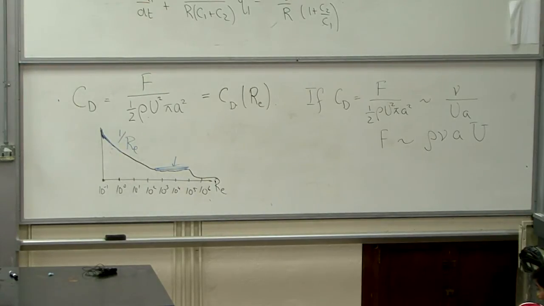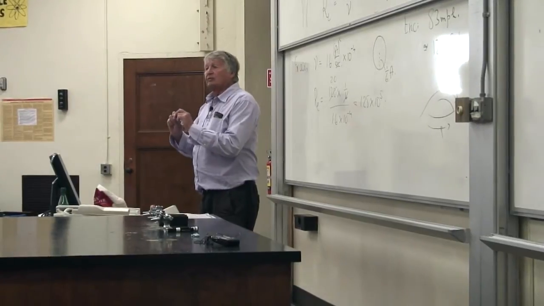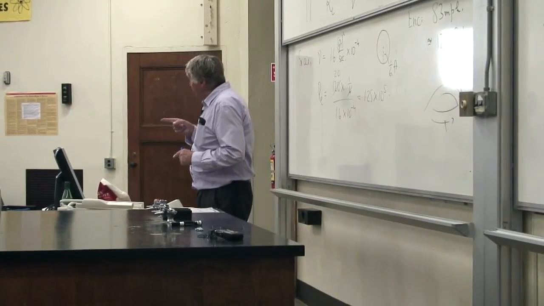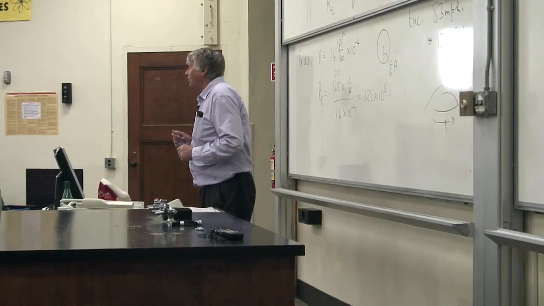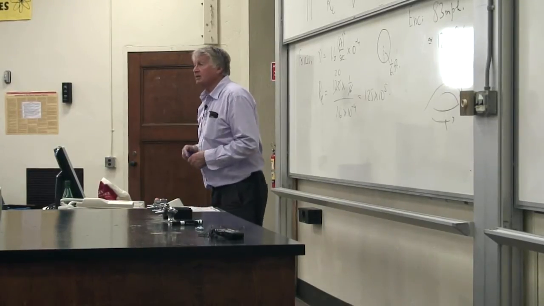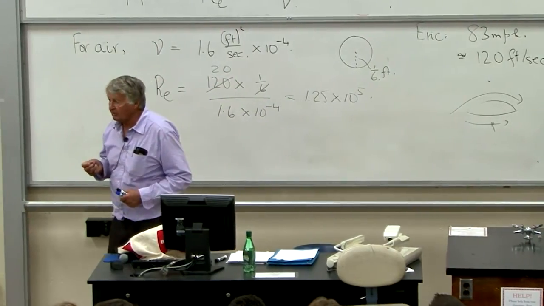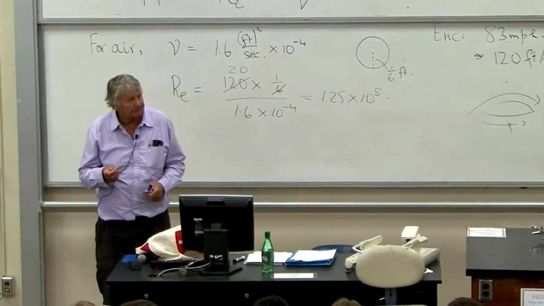Now, for instance, in blood flow, the capillaries are so small and the speed of the blood through is so low that the Reynolds number is very small. So basically, the blood flow in capillaries is low Reynolds number.